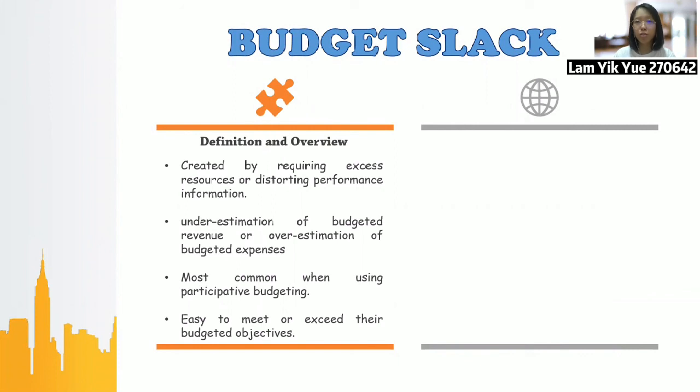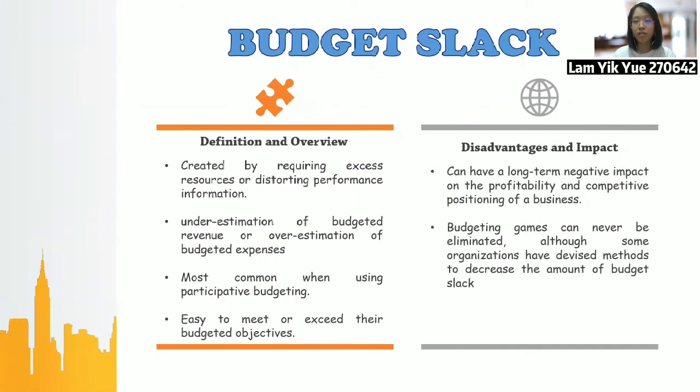Budgetary slack is most common when a company uses participative budgeting, since this form of budgeting involves a large number of employees, which gives more people a chance to introduce budgetary slack into the budget. If subordinates succeed in creating budget slack, they will find it easy to meet or exceed their budgeted objectives.